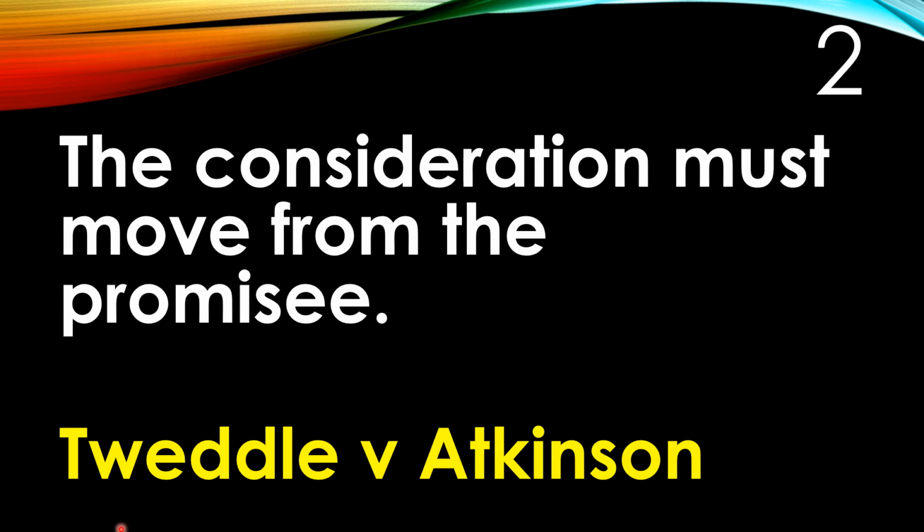And this makes a bit more sense when you think about the facts in Tweddle and Atkinson. In that case, the partners' fathers each agreed to pay a sum of money to a new husband after a marriage, and they agreed between themselves that the husband would have a right of action to sue should either parent fail to pay. So they clearly intended him to benefit from that promise.